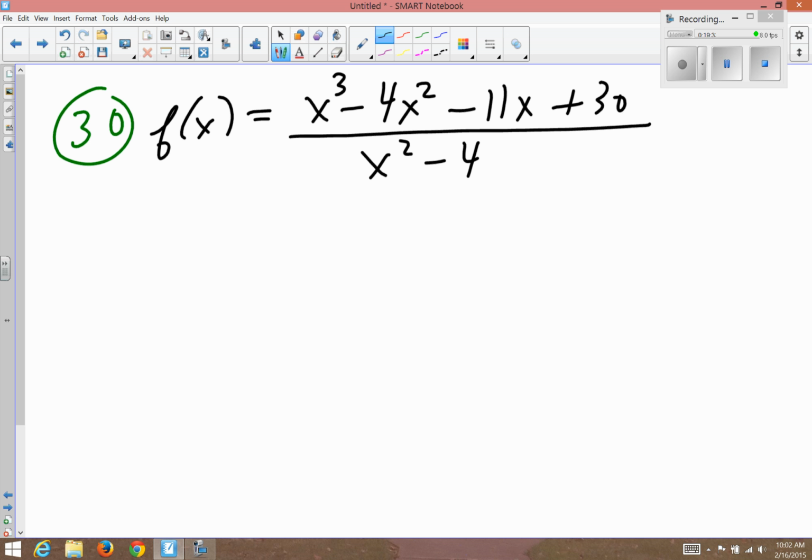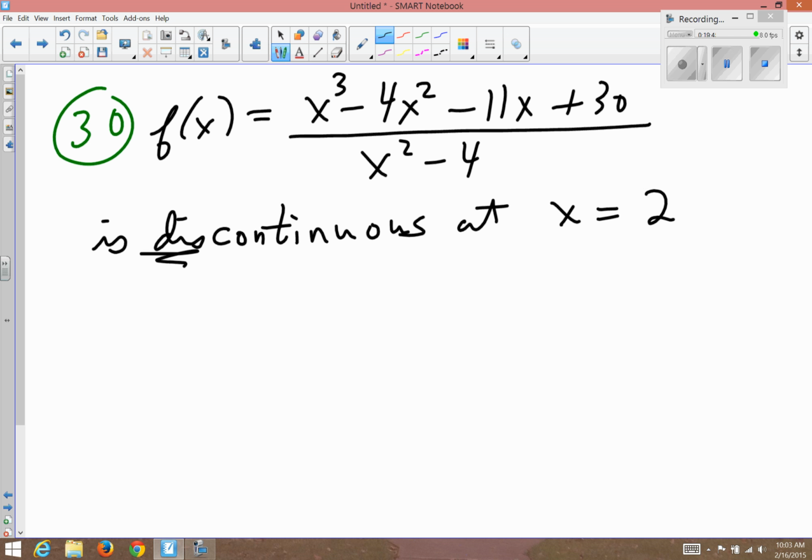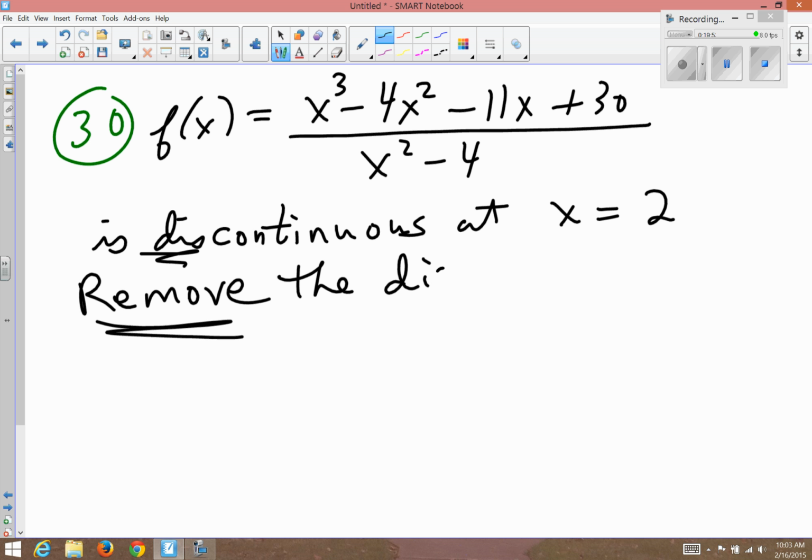And the directions tell you that this function is discontinuous at x equals 2. And the directions are to remove the discontinuity at x equals 2.